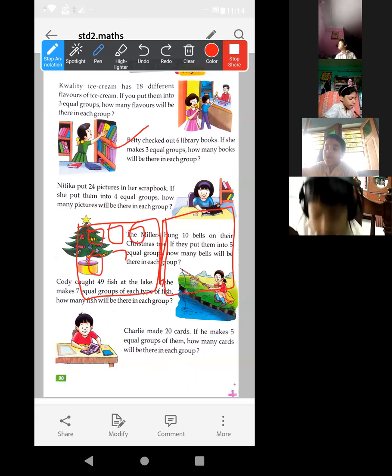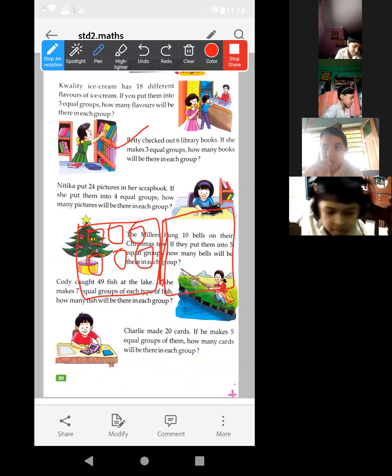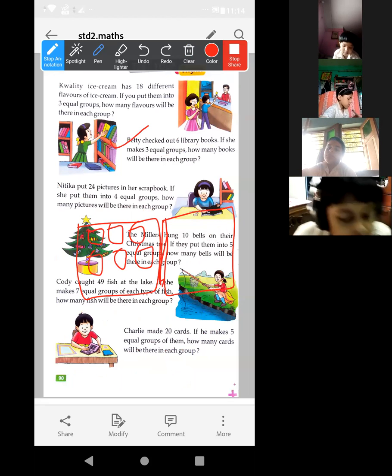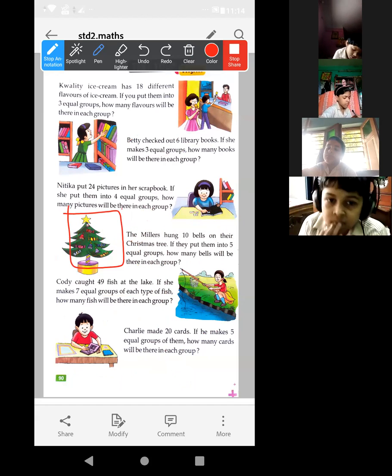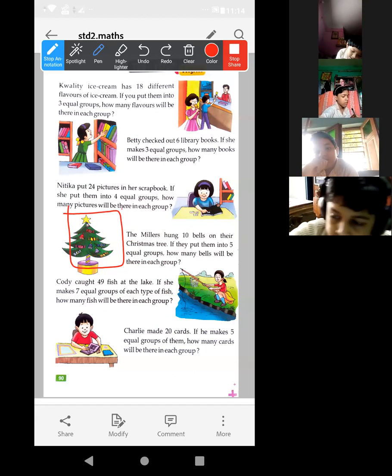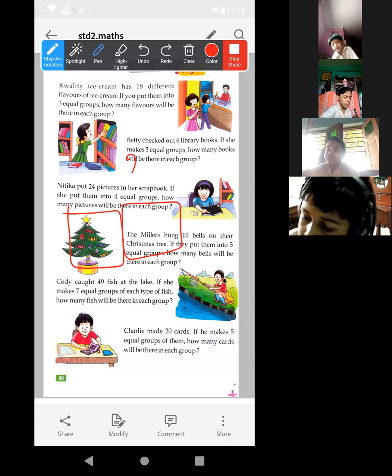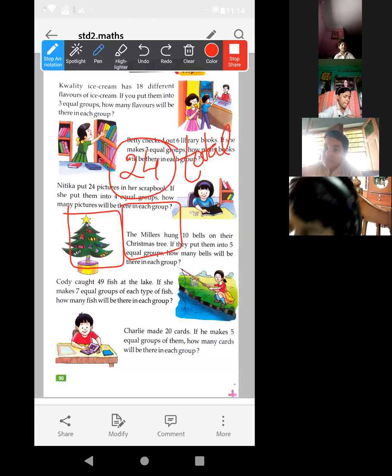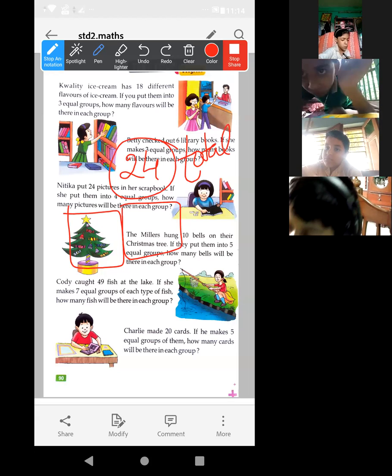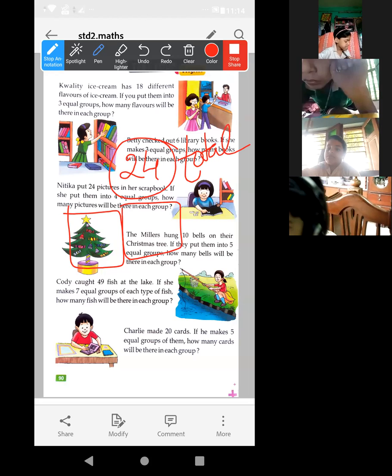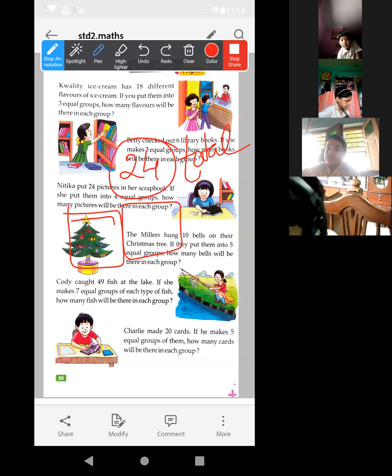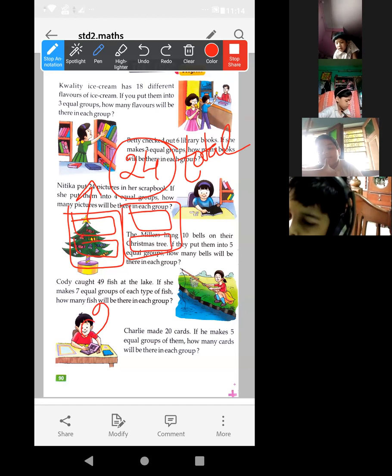Now, if she put them into 4 equal groups, this one is the scrapbook. 24 is the total number of pictures. Now she has to put them into 4 equal groups. First group, second group, third group, fourth group. Now in each group, how many will be there? So definitely we have to divide 24 by 4.